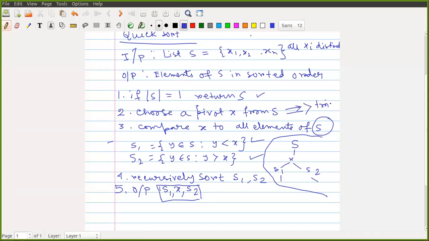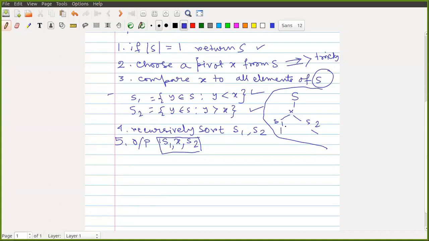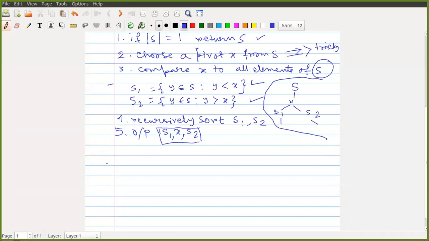Now, as somebody has asked to revise it, let us first try some obvious choices of pivot. So case one: we always choose the first element of the list.